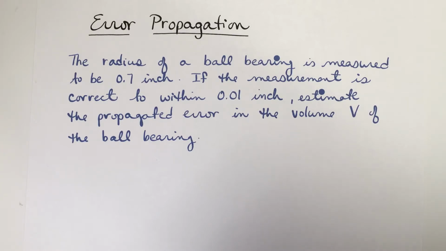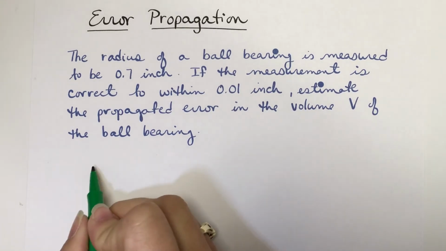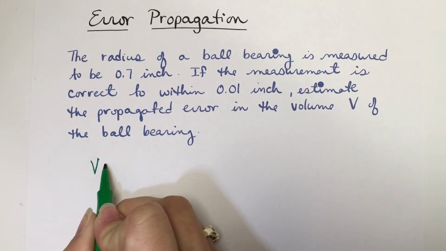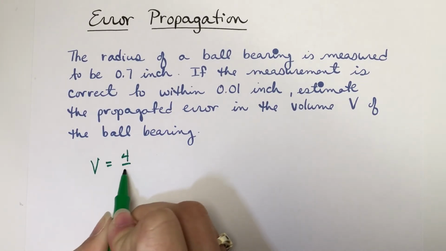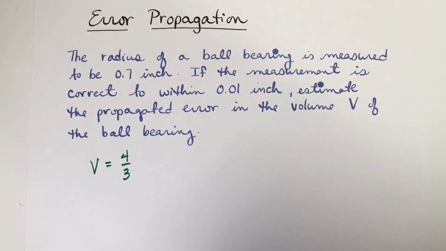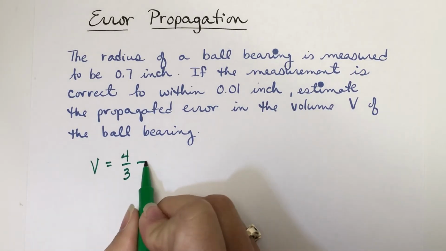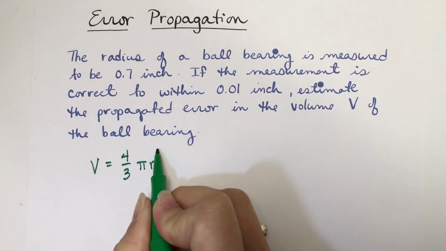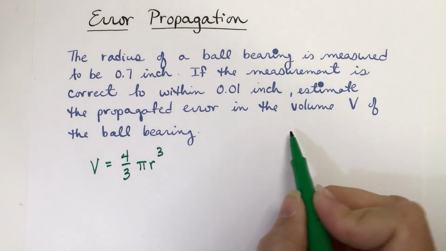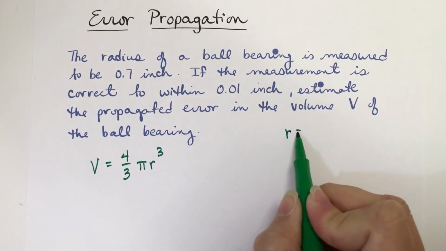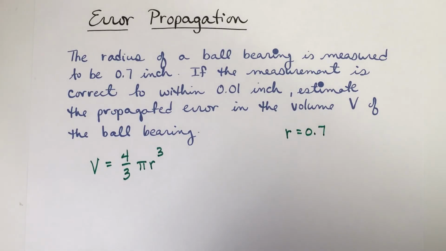Okay. All right, so we're dealing with volume. So we're going to want our volume formula for a sphere, because a ball bearing is just the shape of a ball. So 4/3 pi r cubed. Now we're dealing with a radius of 7/10, but it can be off 1/100.